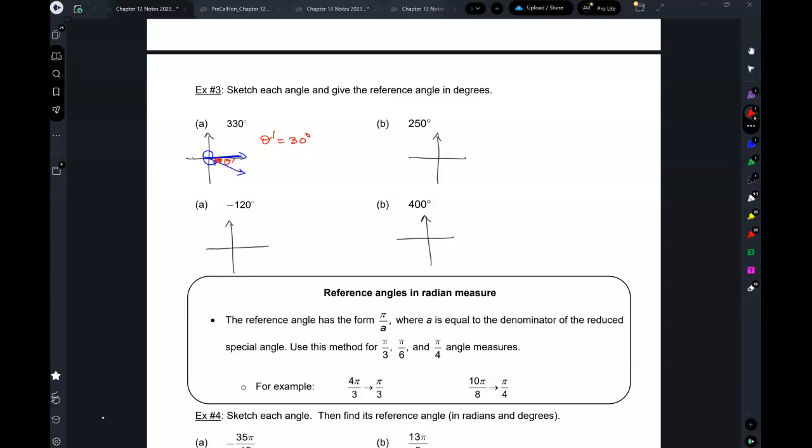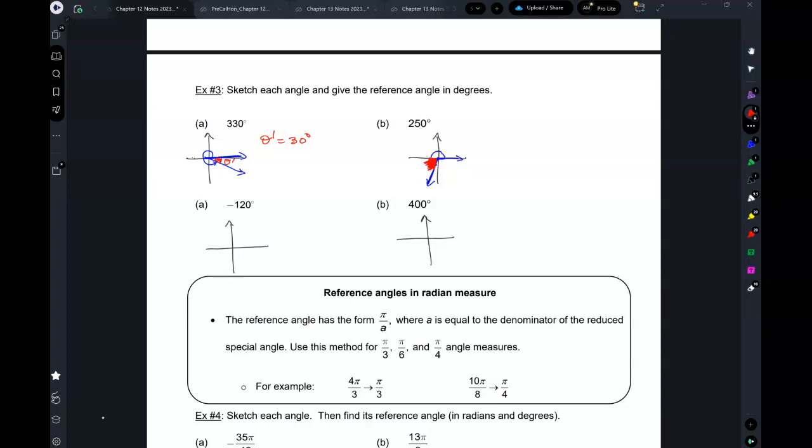Okay, so next, 250 degrees. Here we go. 90, 180, 250. First thing you want to do is mark where the reference angle is. In this case, it's this. Okay? So, top part 180. How much more did we go to make it 250?